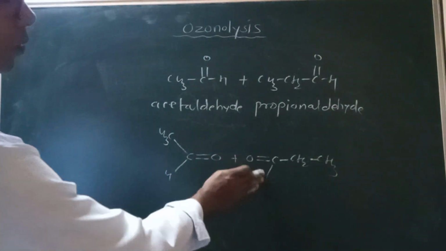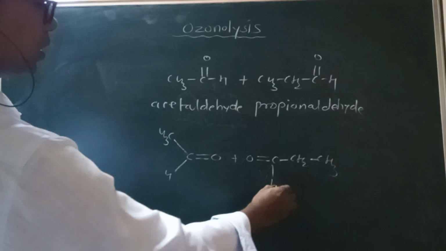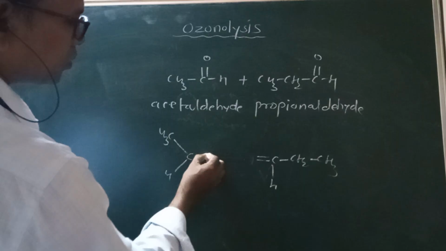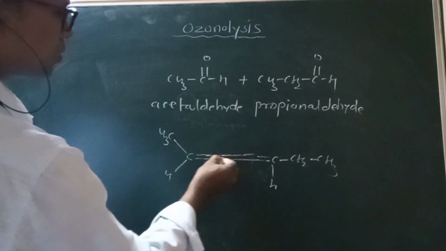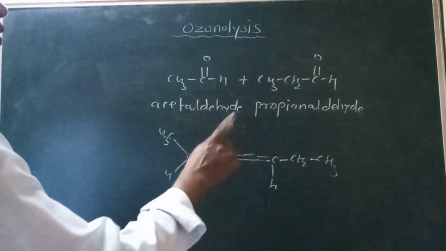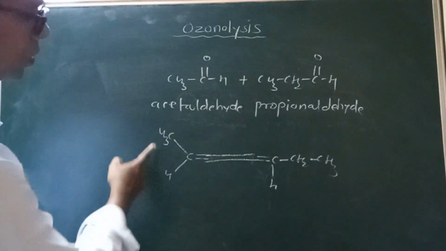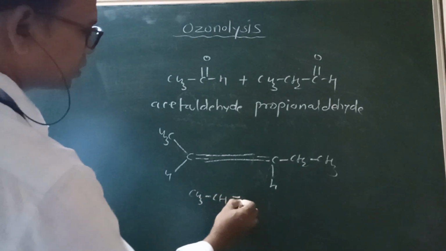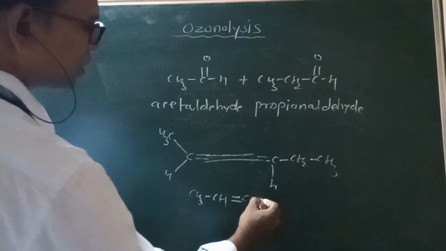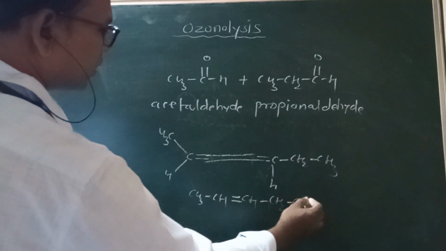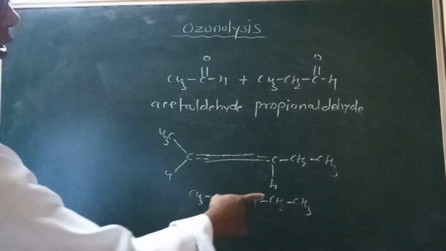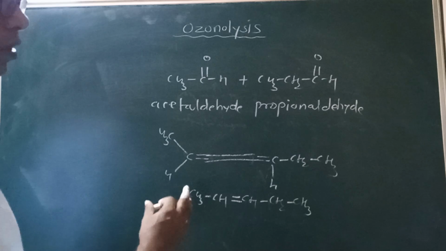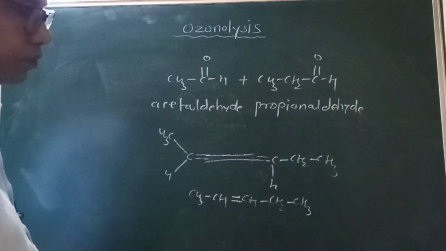Same compound, H, H. Then I remove these two oxygen atoms and extend these double bonds. So this is our alkene, which on ozonolysis gives a mixture of these two. That is CH3, CH, then this double bond, then again CH, followed by CH2 and CH3. What is this? 1, 2, 3, 4, 5. It's a pentene, it's pent-2-ene. Correct?